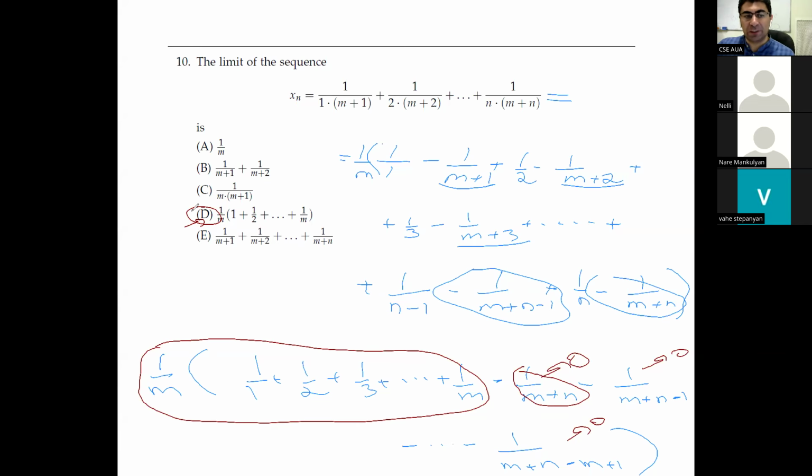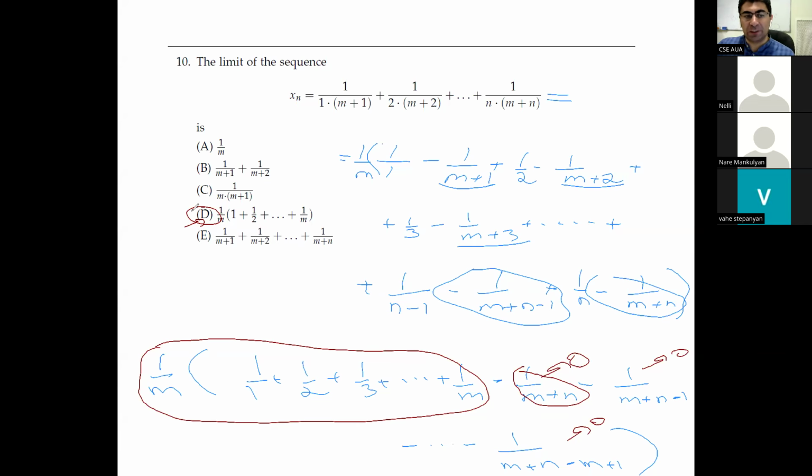This will be very similar to your homework exercise, like a standard telescopic example. Then solve, and then check which answer will be correct. When you are choosing m equals 2, maybe we will have several correct answers here.